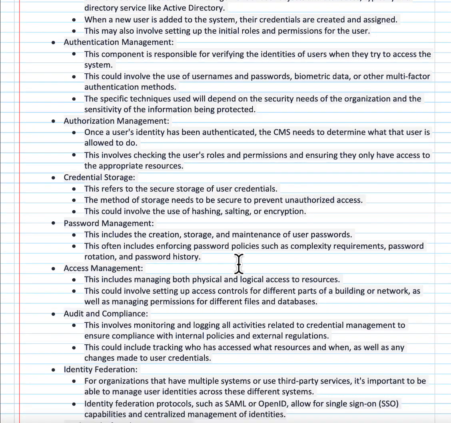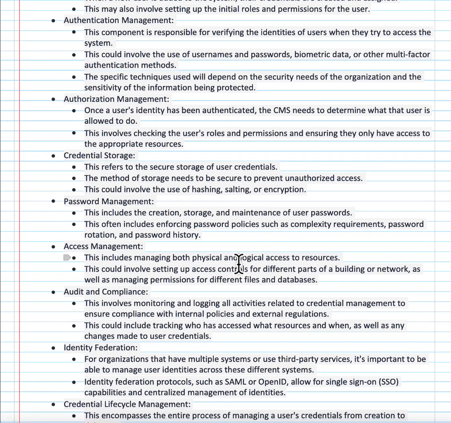Then we look at the credential storage. Obviously, this is the secure storage of my credentials, to ensure that if they were compromised, that's what secure means. What would happen? Can they gain access to my credentials? We see this a lot. Most hackers will go after the credential storage areas because why? They can then steal those credentials and utilize them in other places. Also, people reuse credentials a lot.